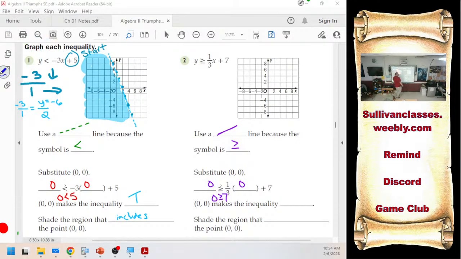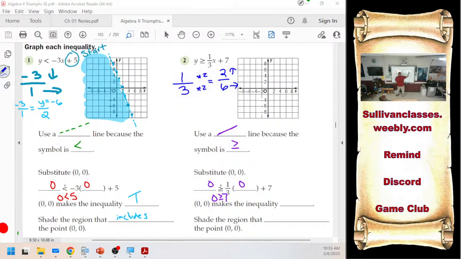Okay. Again, everything's going by twos. If you don't like up 1 and over 3, take it times 2 and go up 2 over 6 instead.